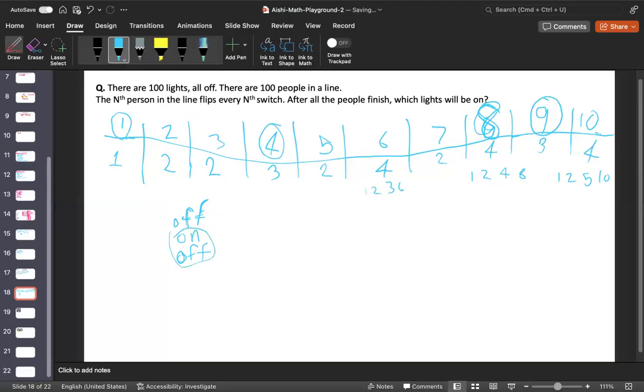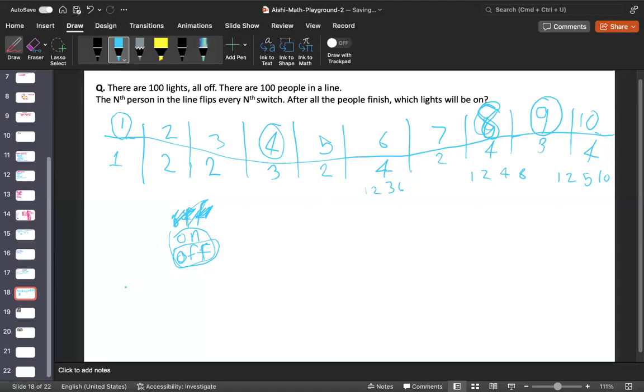Oh no, sorry. All the lights are off right now. So every even number of times the switch is flipped, that's when the lights will be off. So, opposite way. The number of square numbers from 1 through 100 is how many lights will be on.